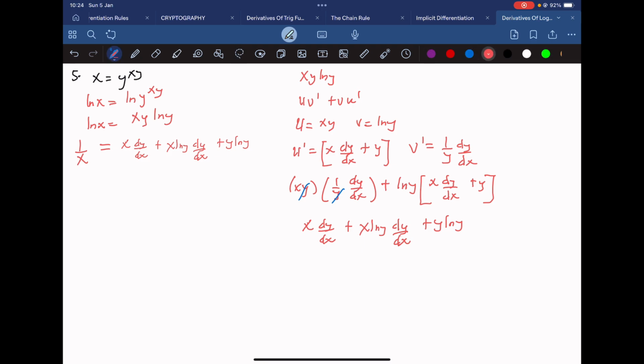So now the next thing to do is to group all the like terms, the ones with the dy dx. So since we have the dy dx here, we can just leave it there and just send this to the left hand side. So if we do that, it becomes negative. So we have this.